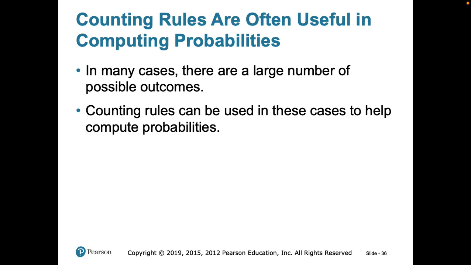Okay, we're going to finalize this chapter by talking about counting rules. Those are very useful and very important, so let's go over them. In many cases you have a lot of data and a large number of possible outcomes, so trying to figure all this out can be very cumbersome. You have to use the counting rules because they make things easier to compute.